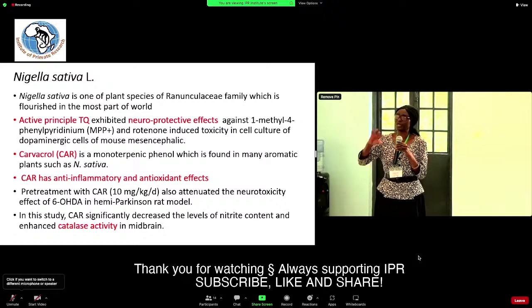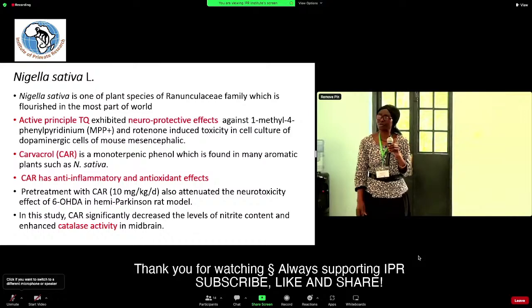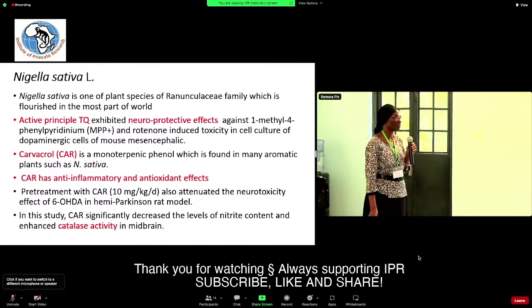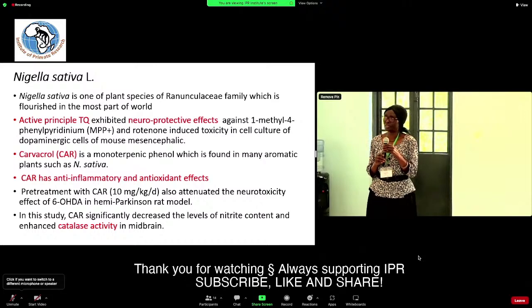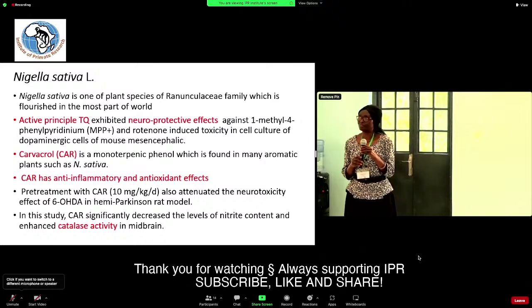So there are two active principles, TQ and carvacrol, which are major active principles in Nigella sativa, and again, research has been done to prove that they have a very useful effect on Parkinson's disease.